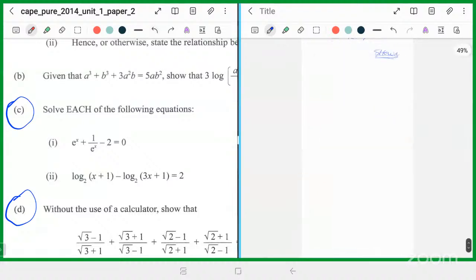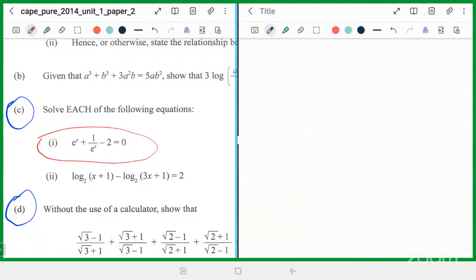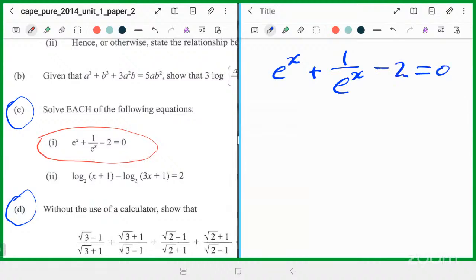Let's look at it. All right, so this one right here gives us e to the x plus 1 over e to the x minus 2 equals 0. I don't want this. I want to expand it so it's going to become a quadratic.